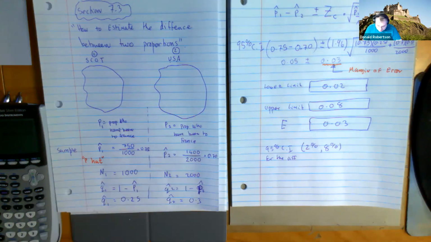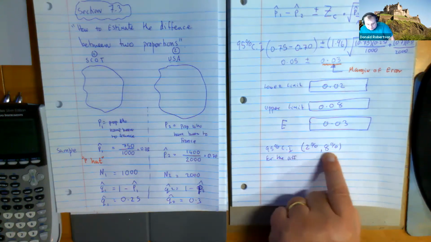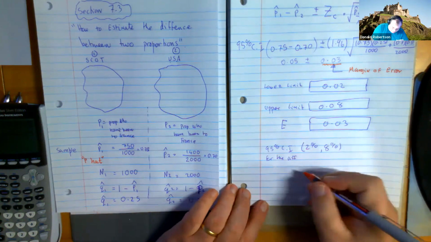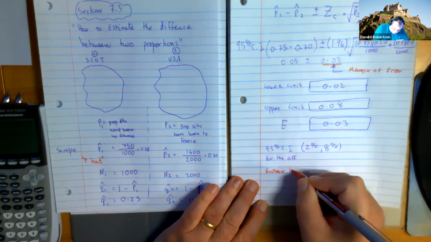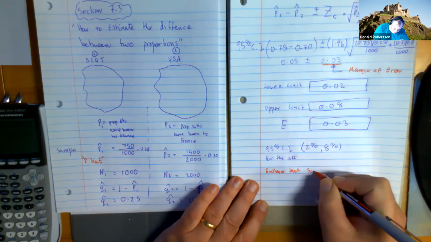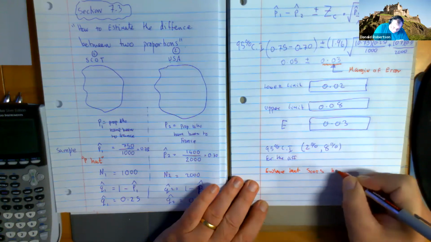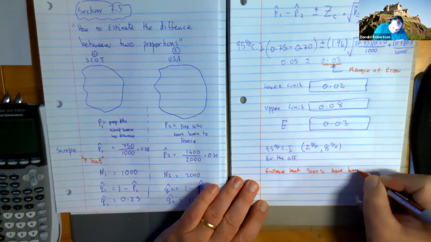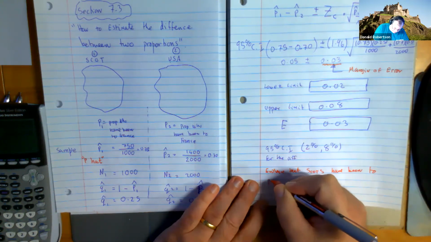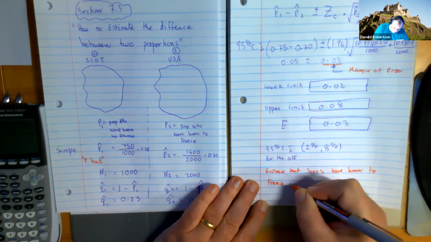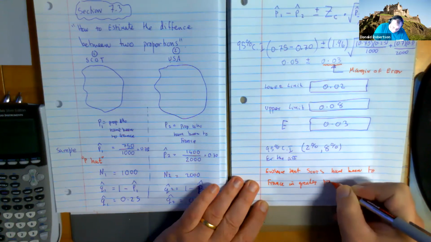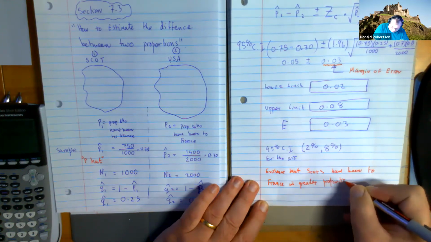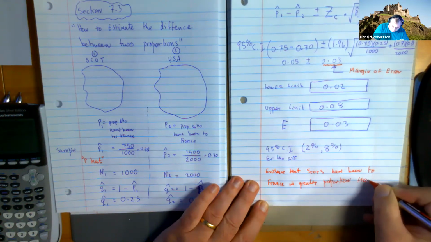Now, let me tell you what we can say for sure then. Since all these numbers are positive, doesn't that mean that there's evidence that Scots have been to France in greater proportion than Americans?